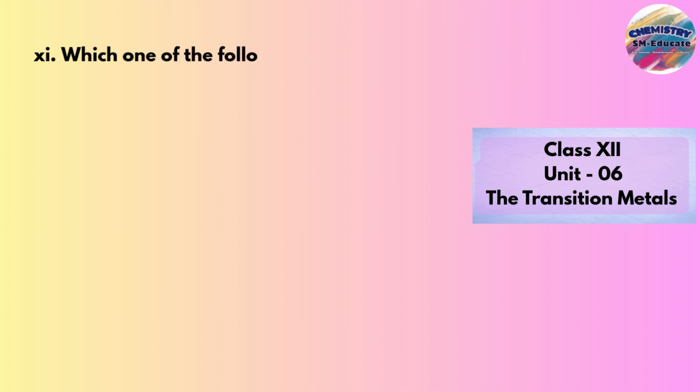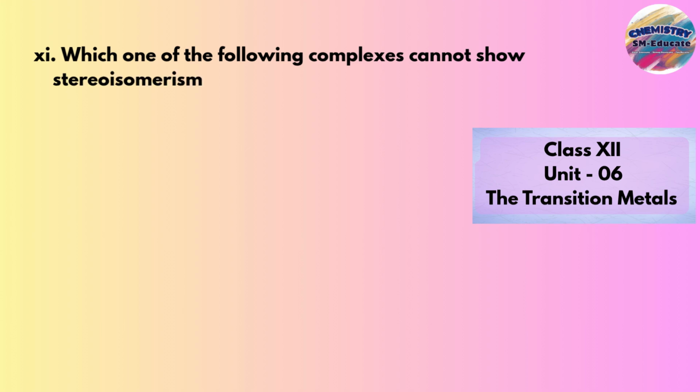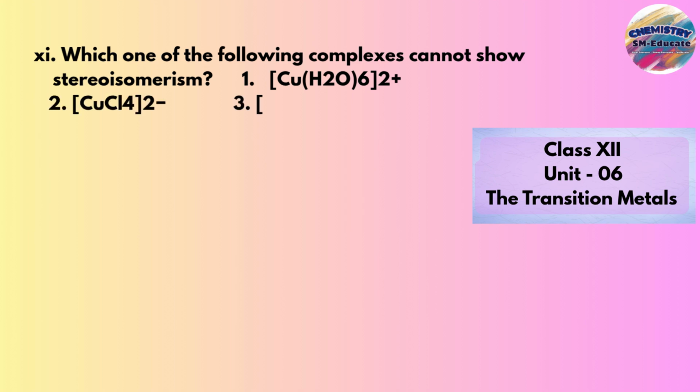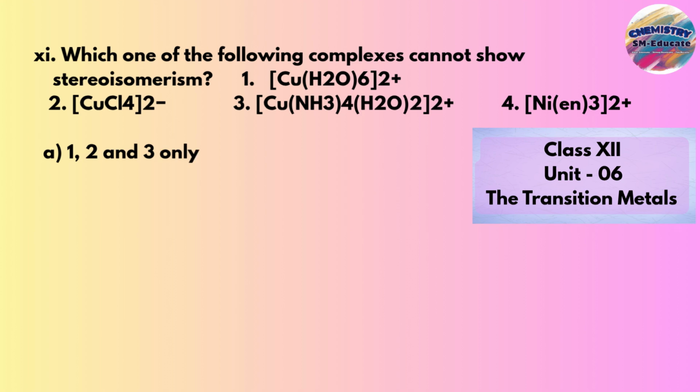11. Which one of the following complexes cannot show stereoisomerism? 1. [Cu(H2O)6]2+ ions. 2. [CuCl4]2- ions. 3. [Cu(NH3)4(H2O)2]2+ ions. 4. [Ni(NH3)6]2+ ions.